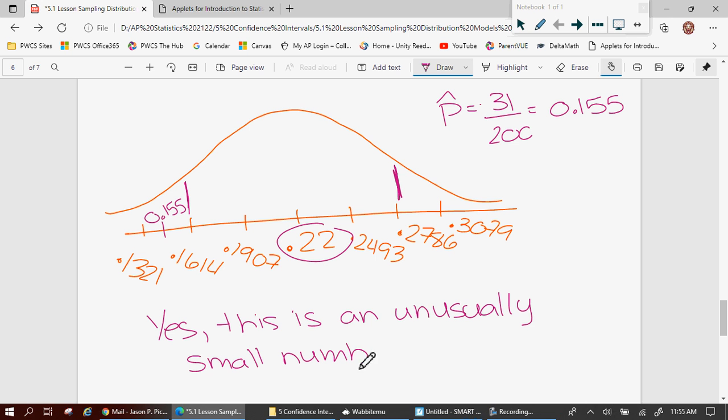This is an unusually small number of female students on campus with a BMI of 25 or greater. That's just one sample. It's possible to get something that small, but it's unusual. So maybe there's something about that university, or the students who go there, that is different than other places.